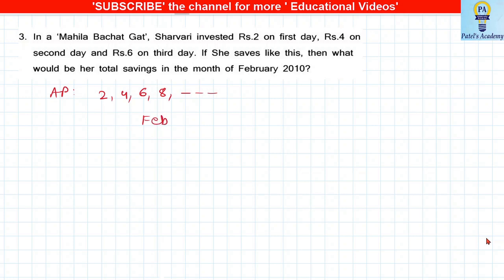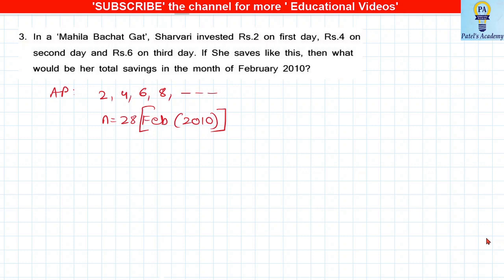If it is the month of Feb 2010, what will be N? N is going to be 28. 2010 is not a leap year, so N is going to be 28. And the question is the total saving, so you have to find out Sn.